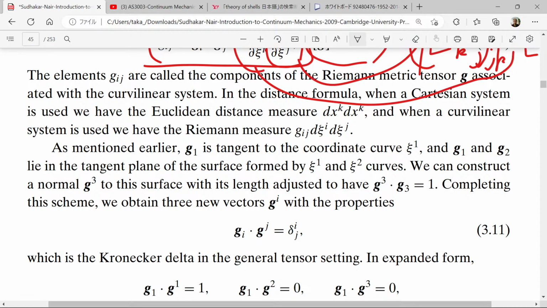As mentioned earlier, G1 is the tangent to the coordinate curve ξ^1, and G1 and G2 lie in the tangent plane of the surface formed by ξ^1 and ξ^2 curves.